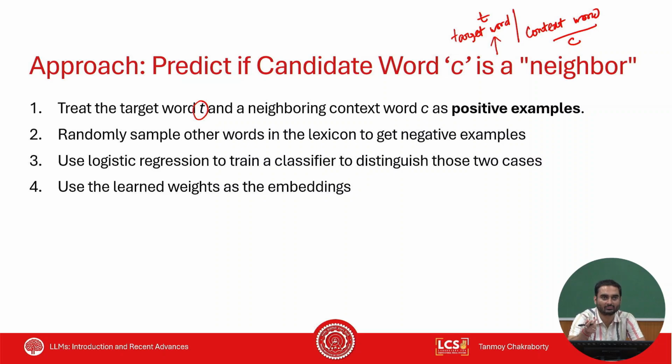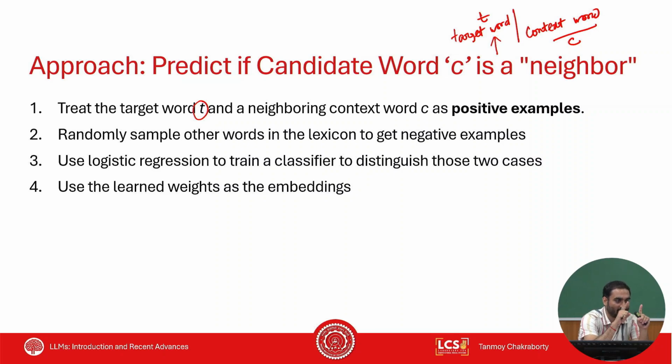And how do we identify a context word? I have this window of size 10. I have the documents, multiple sentences. I move the window one step at a time. At every step, I look at 10 words at a time. Let's say the middle word is the central word, and the remaining 9 words are the context words.